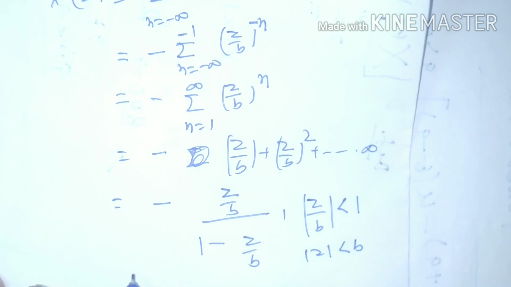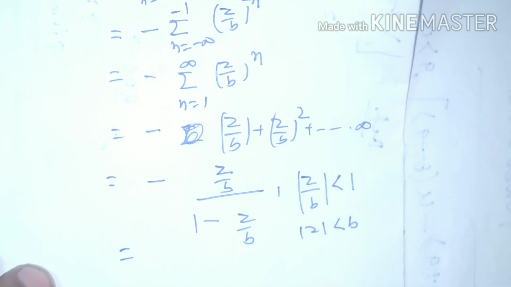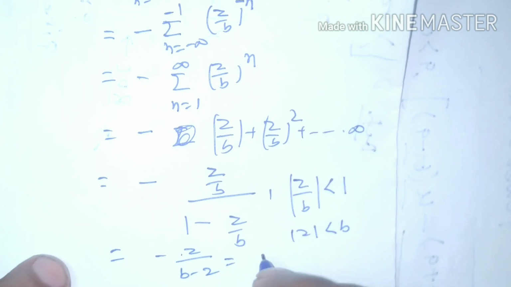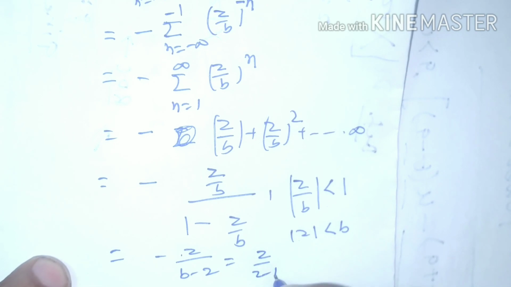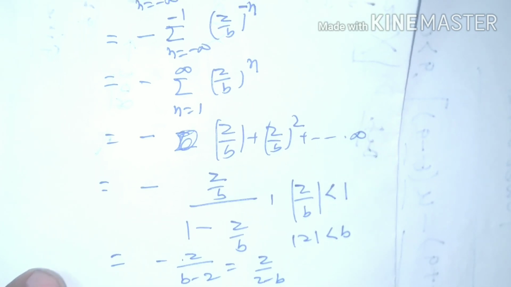If we rearrange this term, we get minus of z/b divided by (z/b minus 1), that is z/(z minus b).